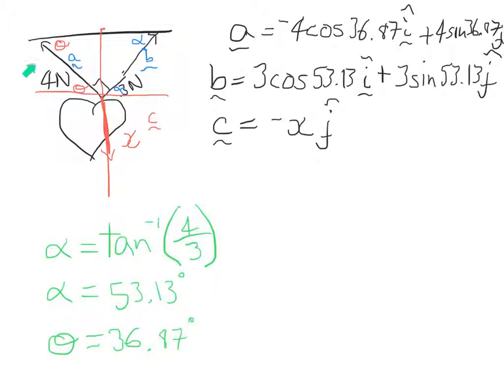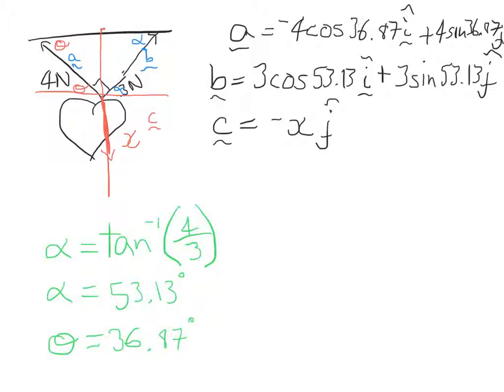That gives the i component, which is cos of that angle, plus 4 sine of that same angle will get you the j component. Same goes for vector B, except we've got a magnitude of 3N, and our angle there is alpha, which we found to be 53.13. Finding i and j, they're both positive. And then we've got C, which is -x in the j direction only.